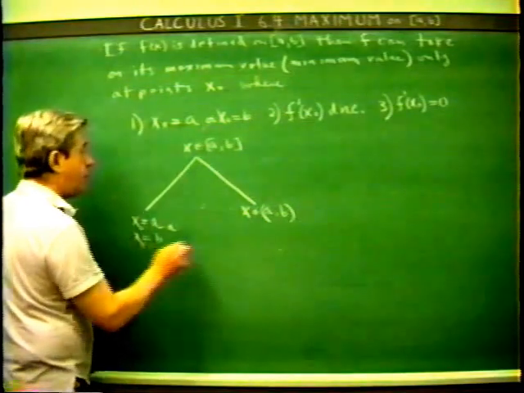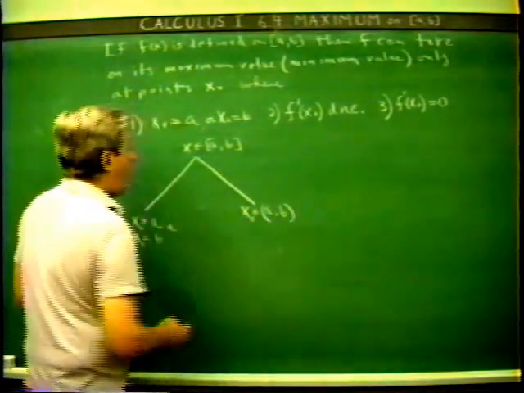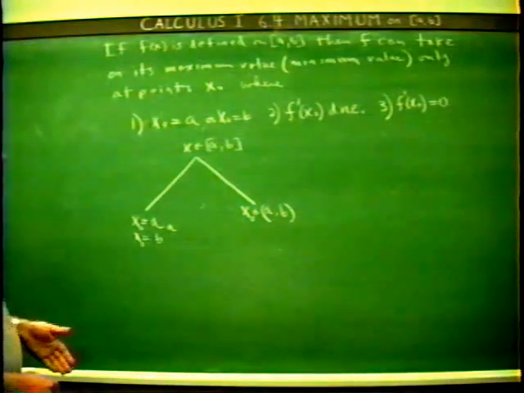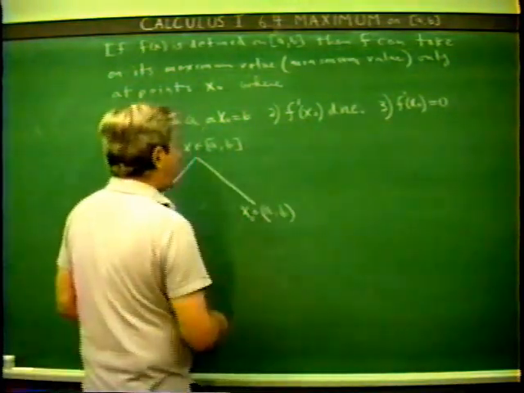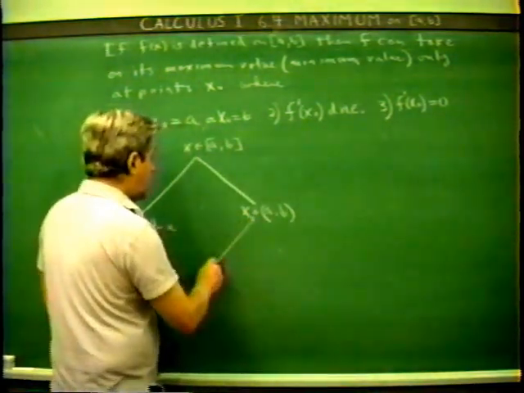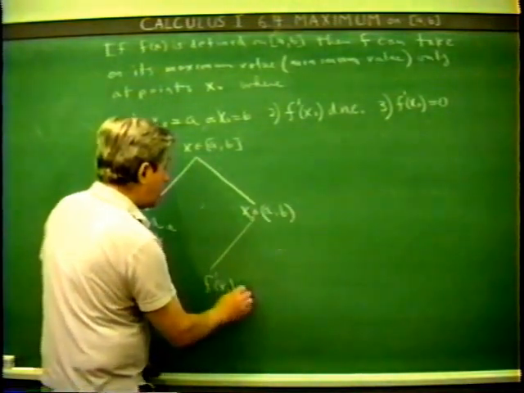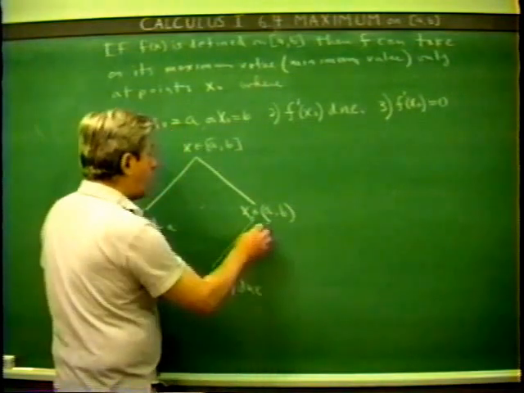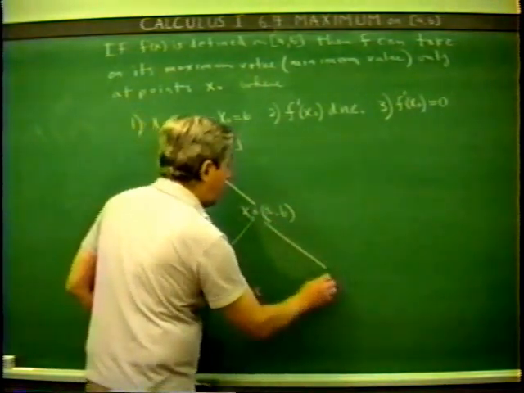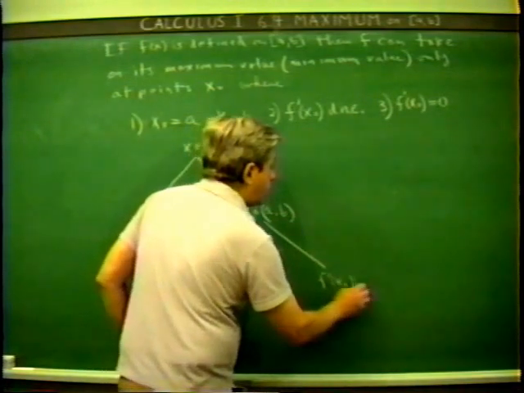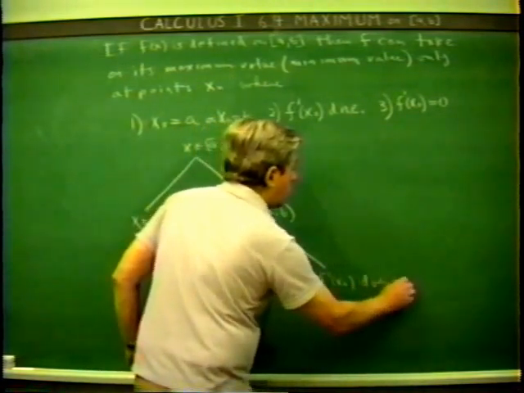Well, let's make this x naught the maximum, or possible maximum, for the function. If x naught is in the open interval (a, b), there are two possibilities: the derivative of f at x naught does not exist, or the derivative of f at x naught does exist.